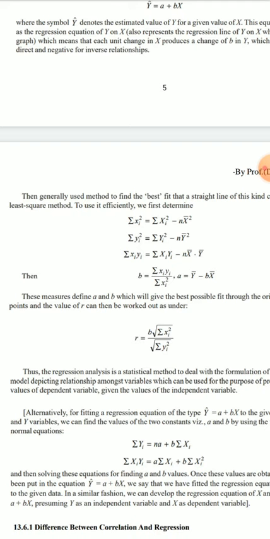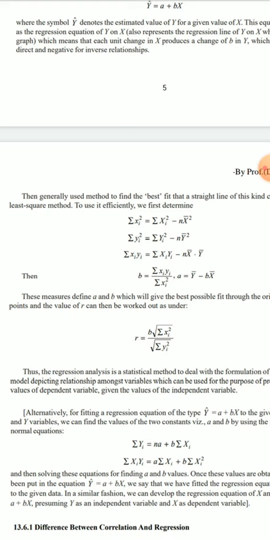Again I repeat in short. Correlation is a symmetrical function between x and y, but regression is not symmetrical. Second, correlation is independent of change of scale and origin, whereas regression coefficients are independent of the origin but not of scale.